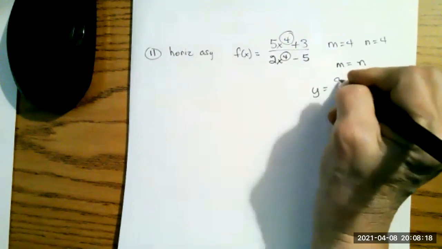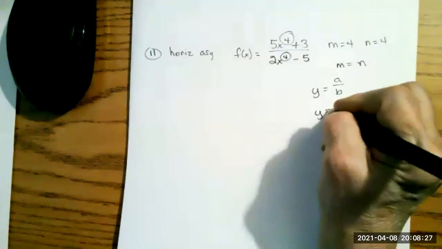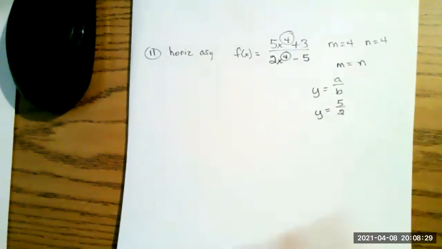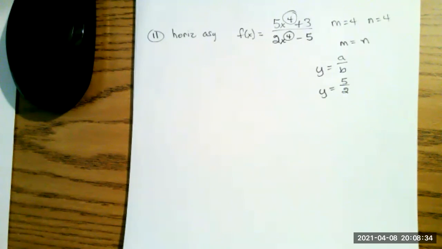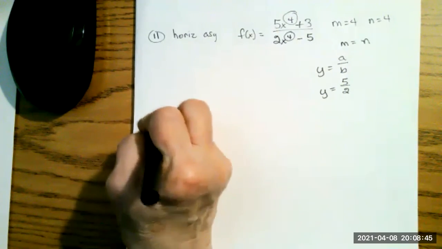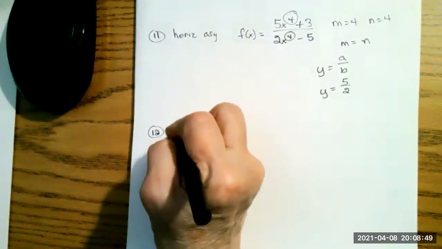Well, what is a and b then? 5 and 2. So y equals 5 over 2 is our horizontal asymptote. Okay, because it's the coefficients, right? It's the coefficients. Very good terminology. I had to remember it because I was like, why are we just doing 5 over 2? Oh, okay. Coefficient.